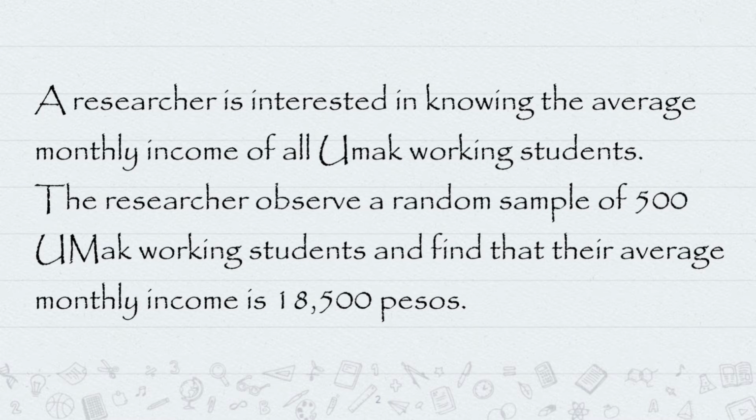The statistic here is the average monthly income of the 500 sample of UMAC working students, 18,500 pesos, wherein the 500 students will be the actual numerical description of all UMAC working students. It is a portion of the population.